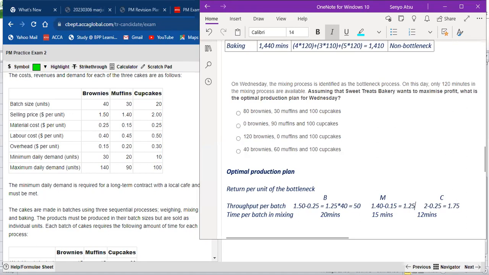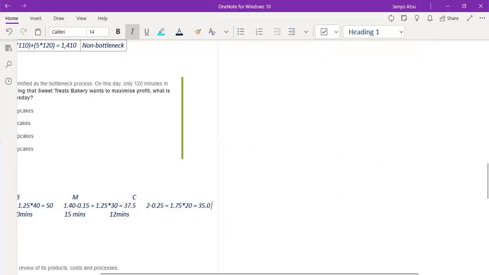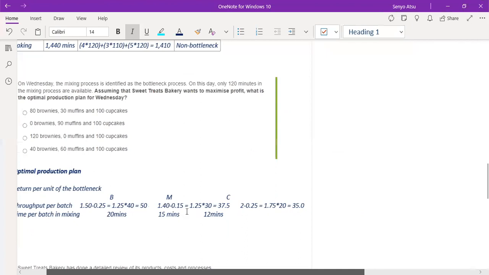Muffins have 30 units inside the batch, so 1.25 for each unit times 30 units. And cupcakes have 20 units in the box, so times 20. So now I can go ahead and calculate the return per bottleneck.